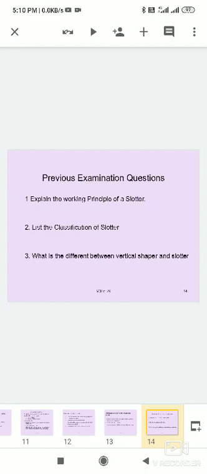The slotter mechanism is also important, and the construction features are very important. The working principle is also very important.